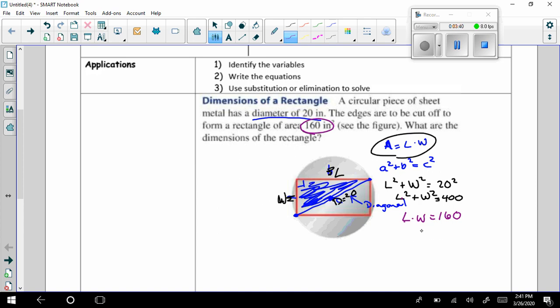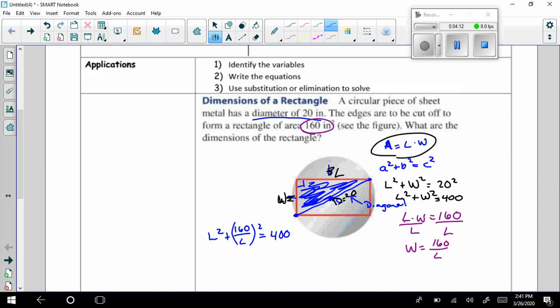So I'm going to divide, and it doesn't matter what you divide by. I'm going to divide by L. So W is 160 over L. Then I'm going to substitute that in. So I have L squared plus, oops, I said I was going to and then I didn't, plus W squared. So plus 160 over L, squared, is equal to 400.